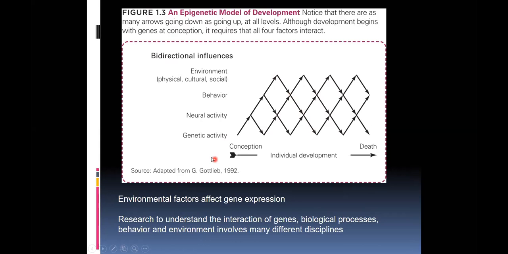Okay, so this interaction between these levels means that changes any place along those lines can affect changes in the other parts of that person. So we need a lot of research to understand the interaction between genes, biological processes, behavior versus environment, again, involving many different disciplines.